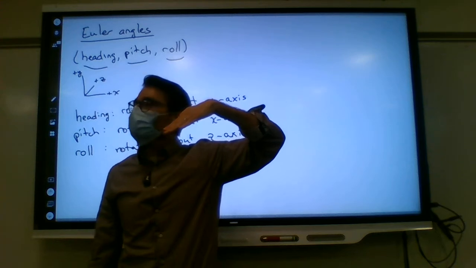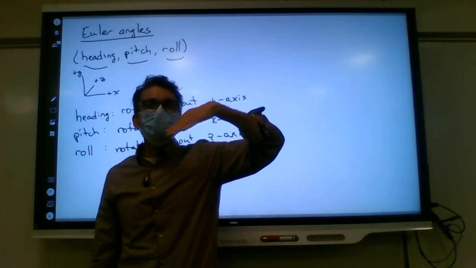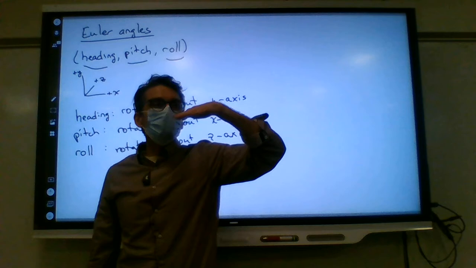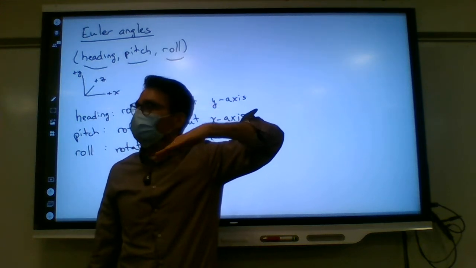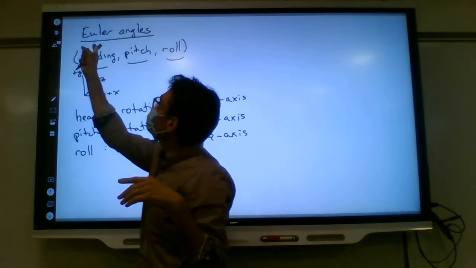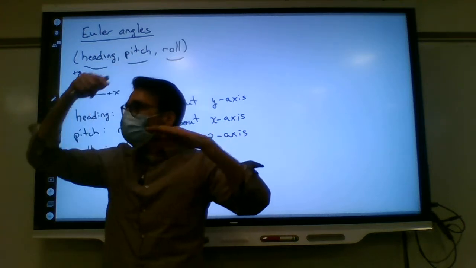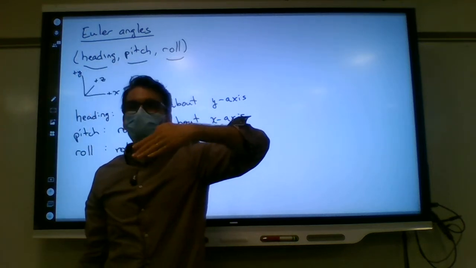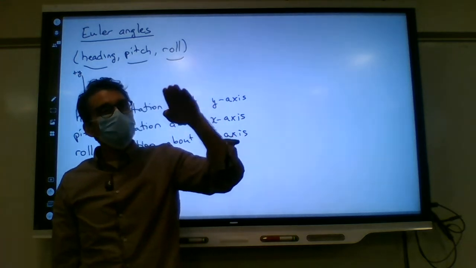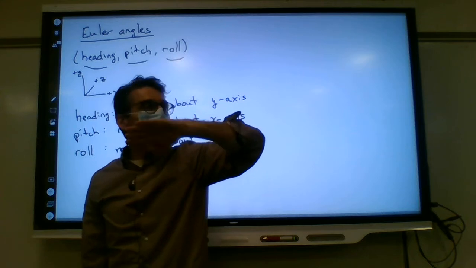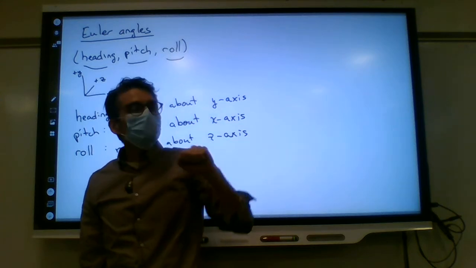What happens when it rolls now? Does it roll about this axis? No, it rolls about the new one. So changes over here affect what's happening to the actual object, right? So the coordinate system has gone with it, and so we roll about the new thing.